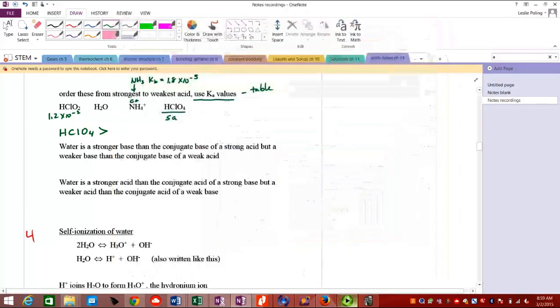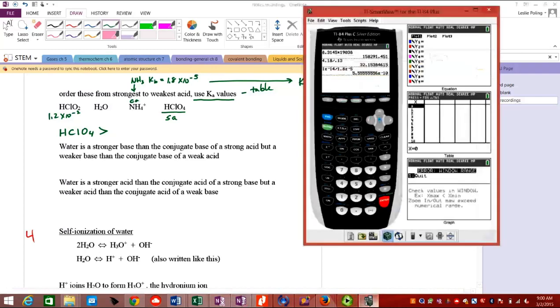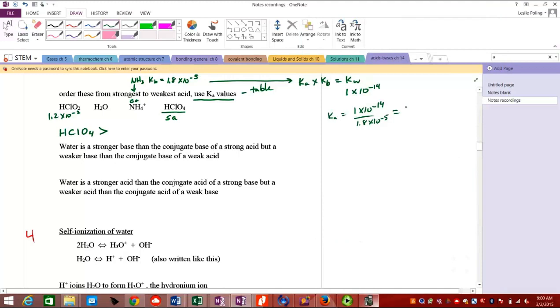Okay, this question actually seems like it has jumped ahead because Ka times Kb is equal to Kw, which is 1 times 10 to the minus 14. So to find the Ka, you have 1 times 10 to the minus 14 divided by 1.8 times 10 to the minus 5, which gives us 5.6 times 10 to the minus 10.